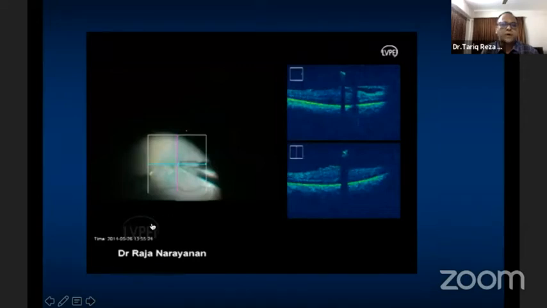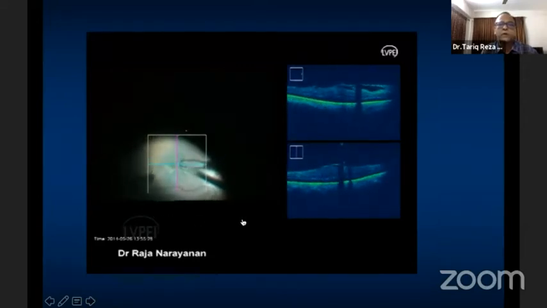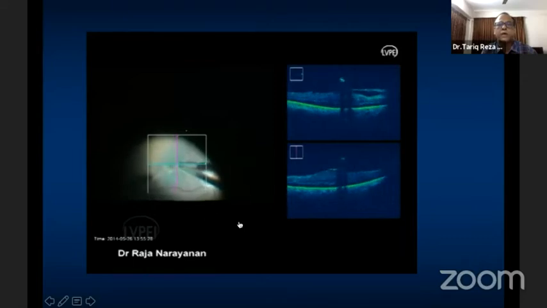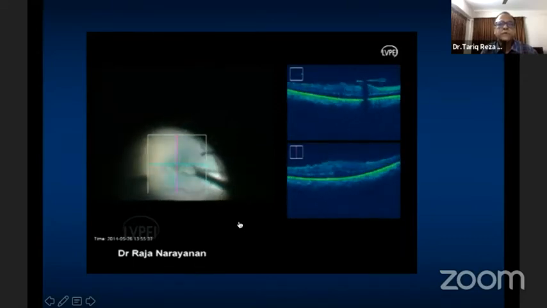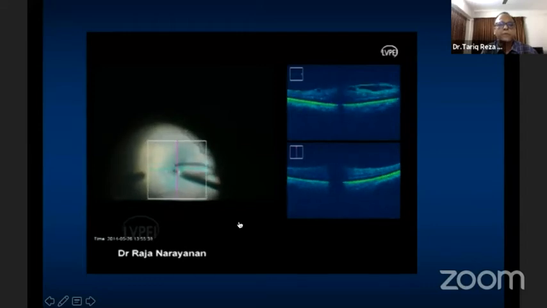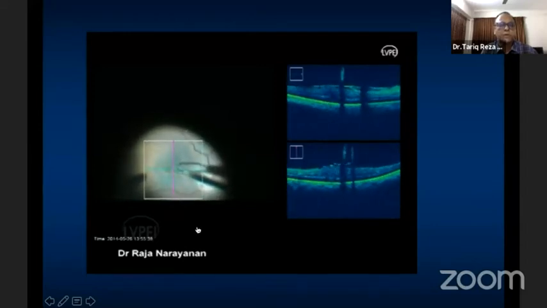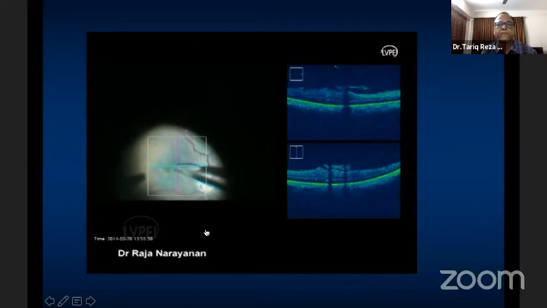This is the surgery of Dr. Raja, and he did OCT guided ERM peeling and membrane peeling. This is not available with my setup, but it will be helpful for other surgeons to do this OCT guided pars plana vitrectomy.